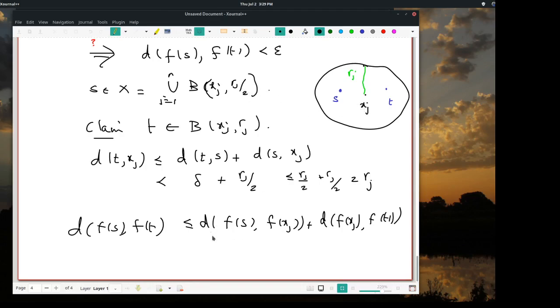Therefore I know this distance is less than epsilon by 2, and similarly t belongs to this ball, therefore this will also be less than epsilon by 2. So simply formally continue next.